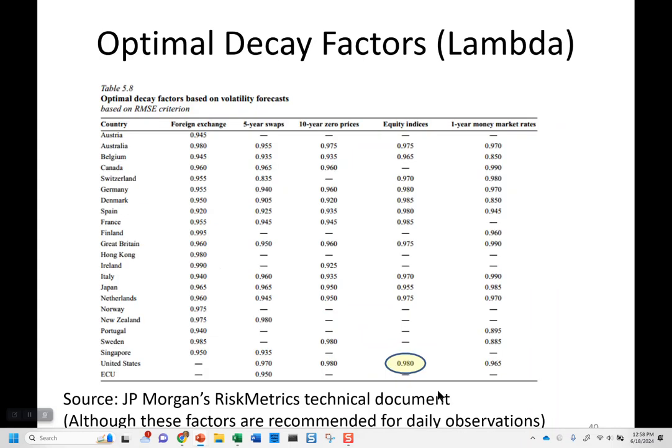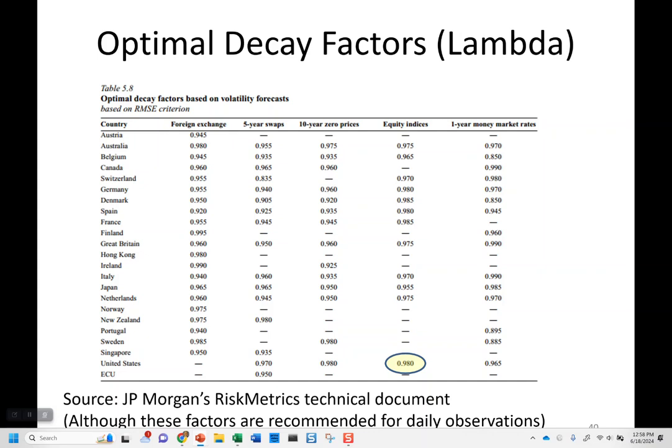Where did I get the 0.98? Well, I stole it from JP Morgan's RiskMetrics technical document, which at one point was publicly available. And what this tells you is for US equities, the optimal lambda is 0.98. So how the heck would you get something like that? Well, think about this.